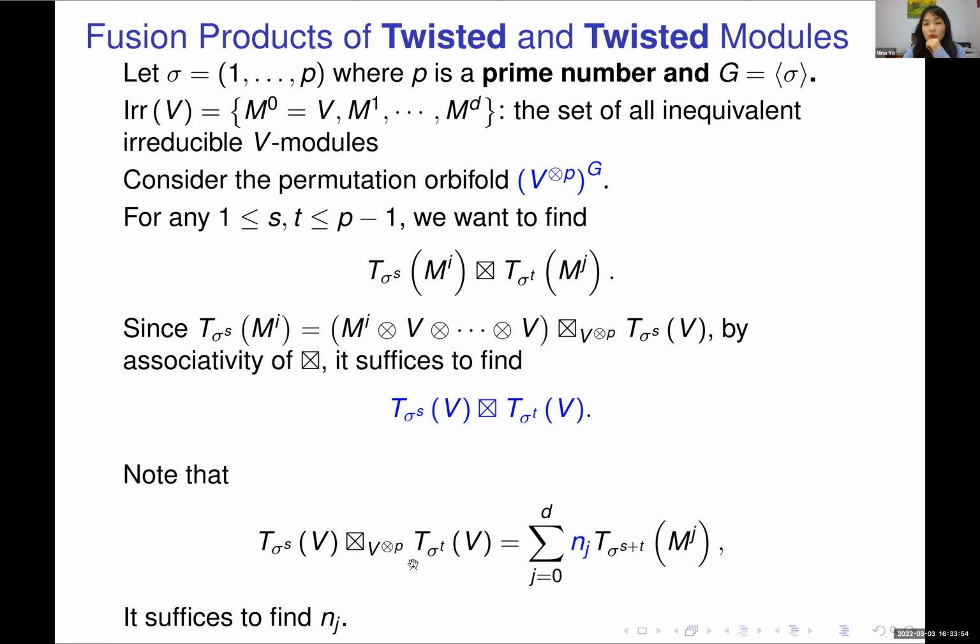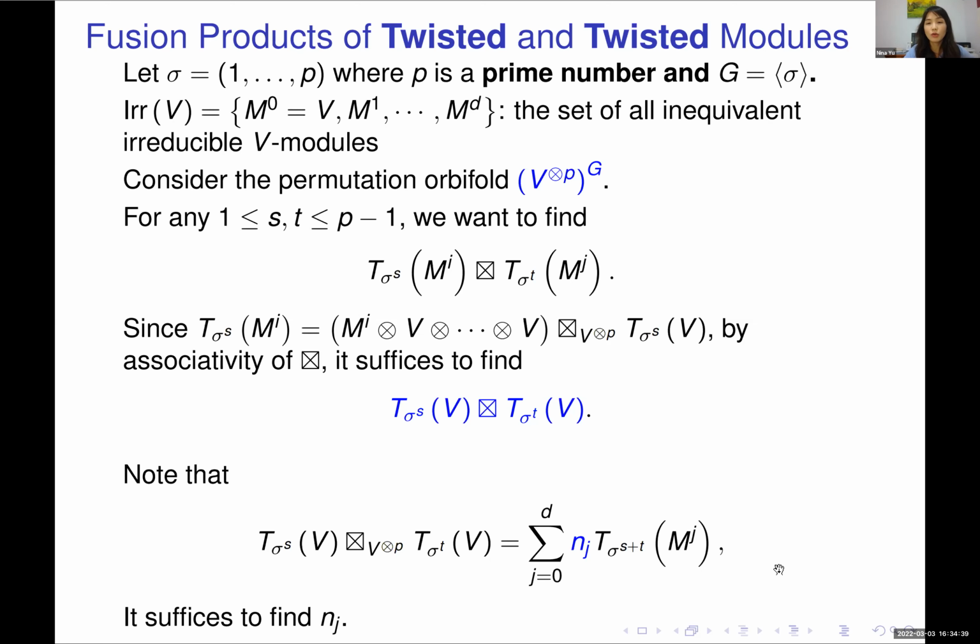So the result of this tensor product should be a sigma^(S+T)-twisted module, and this S+T should be understood modulo P. Of course, this S+T cannot be equal to P, so this should still be some twisted module. So first we know that the tensor product of the two twisted modules can be written in this form, and now we only need to find out the numbers n_j here. So our goal is to find out those numbers n_j.